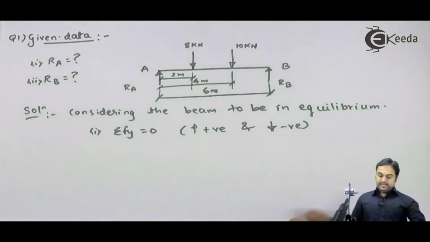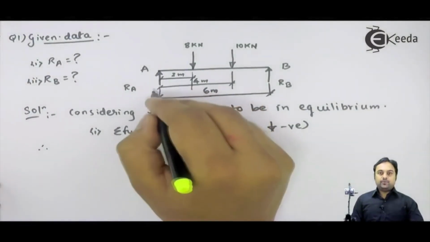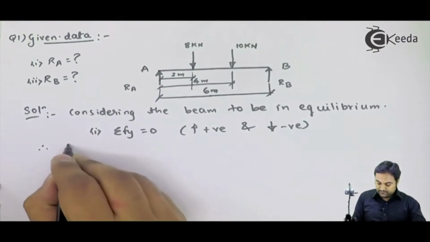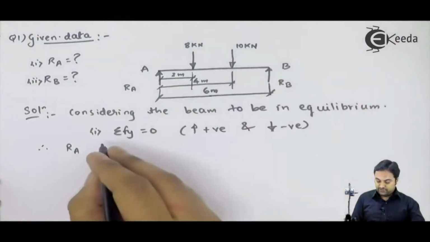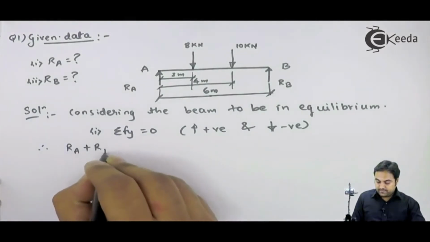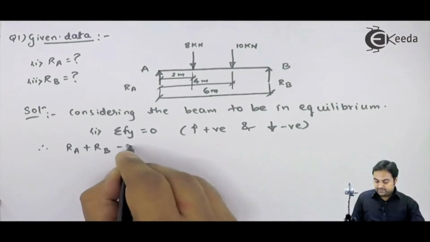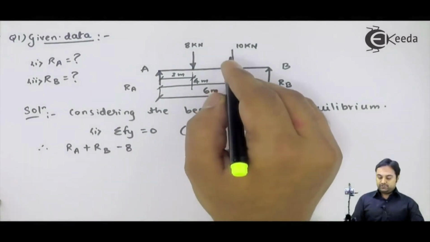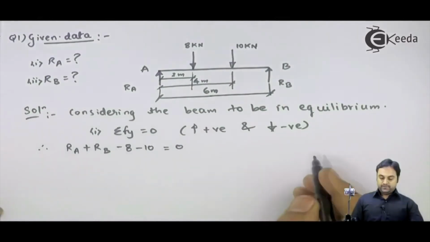Now, as per the convention, RA is positive because it is upward reaction at A. RB is also positive because it is upward reaction at B. 8 kilonewton is downward, so negative. 10 kilonewton is also downward, so negative. That is equal to 0.